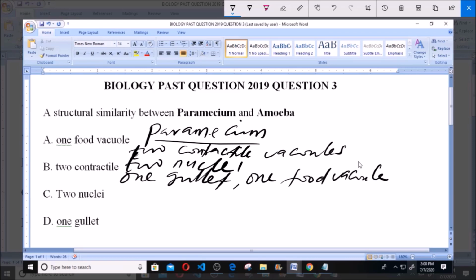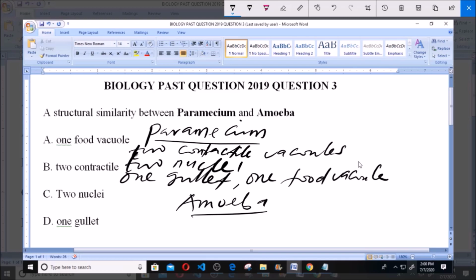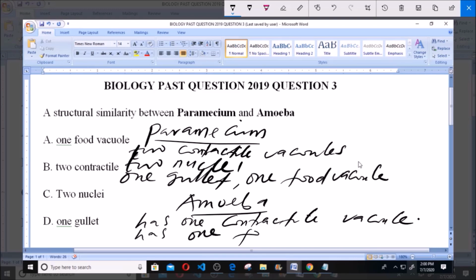Now, let's look at an Amoeba. An Amoeba is a very simple cell. An Amoeba has just 1 contractile vacuole. It has 1 food vacuole.